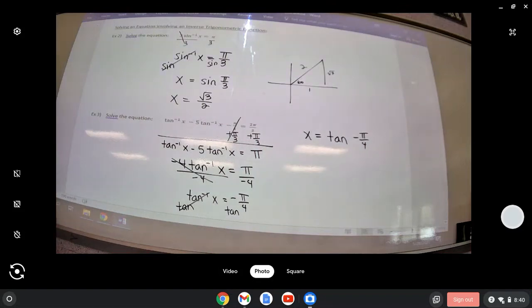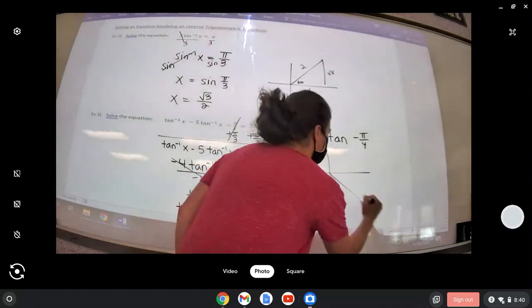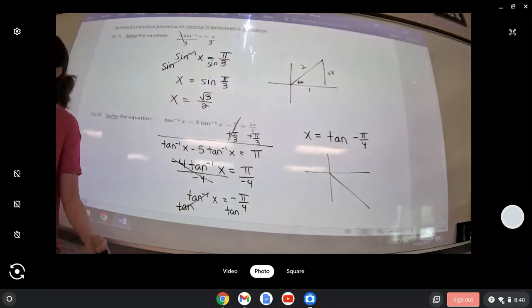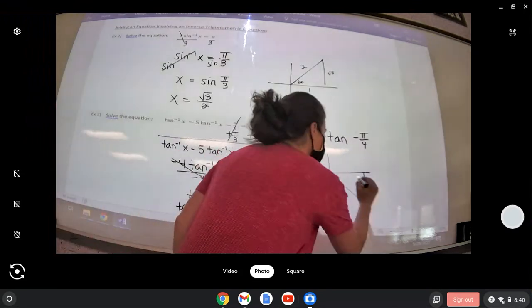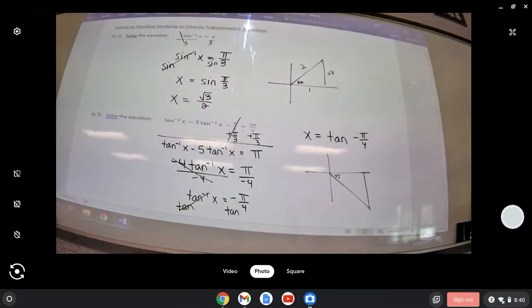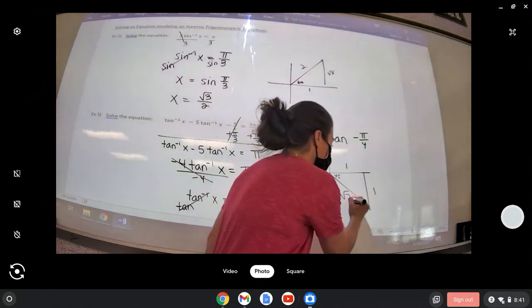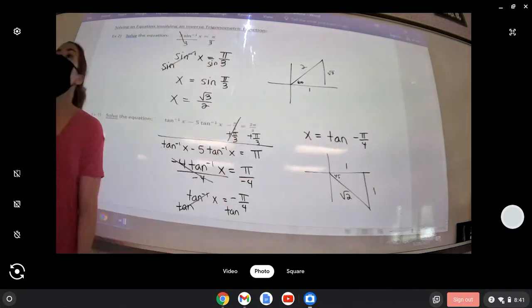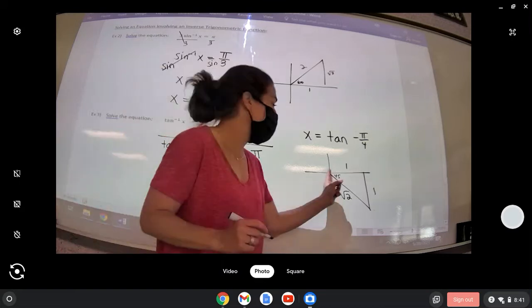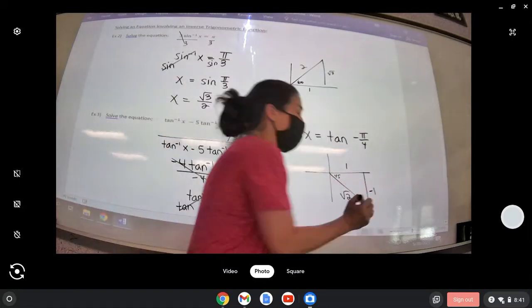Well, guys, -pi over 4 is -45 degrees. -45 degrees is definitely an angle that landed in quadrant 4. So you can give yourself a 45-degree reference angle in quadrant 4. And what do we have? 1 to 1 to root 2. But hold the phone. In quadrant 4, guys, this is a positive x value, but this is a negative y value.